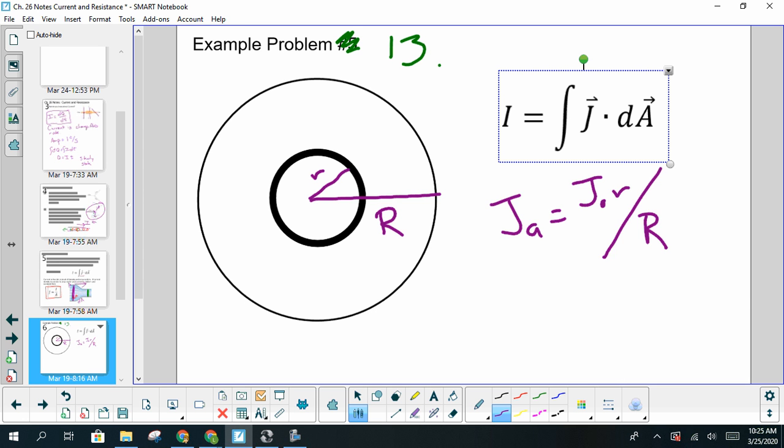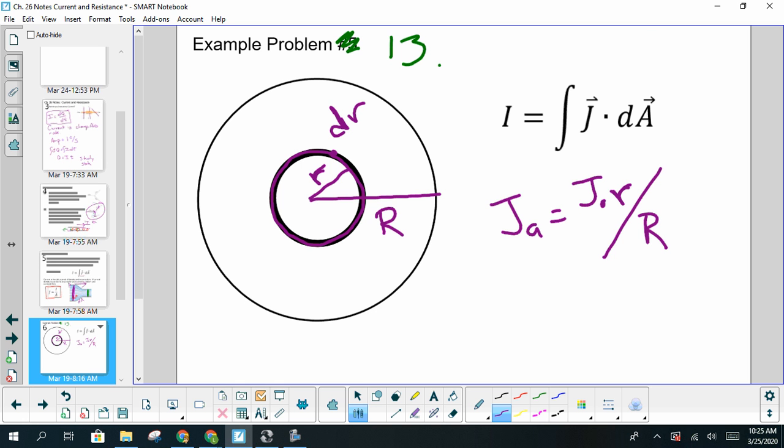I've drawn that in to represent this little ring right here, which is our differential dr. You're going to see why we need to use that in just a moment. But know that the current density at radius little r is a function J of r, equal to that constant J naught times the radius divided by the radius of that whole wire.